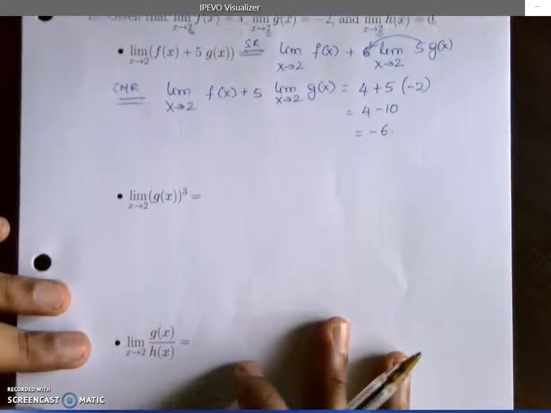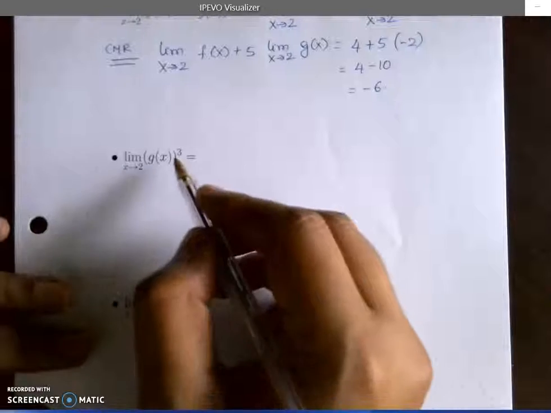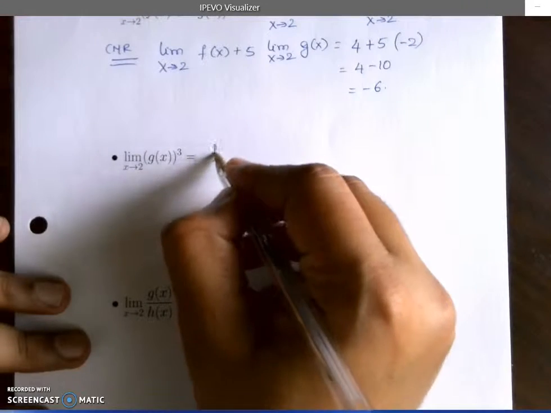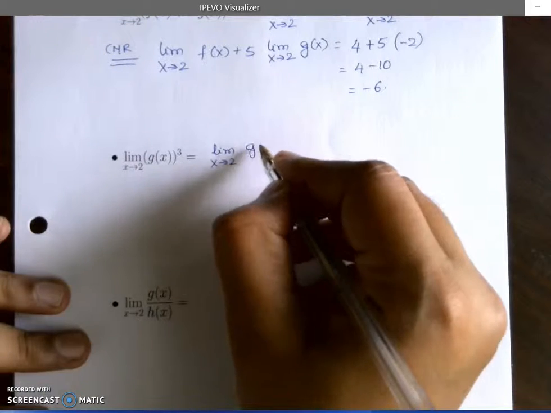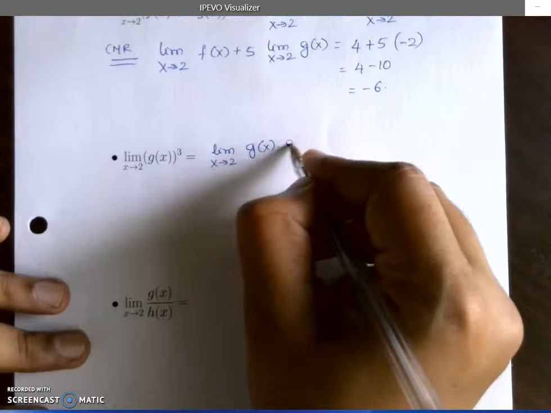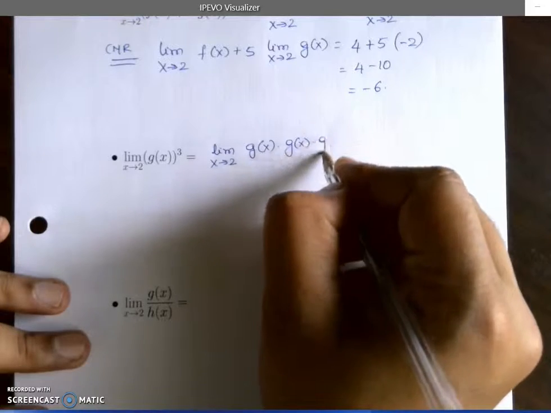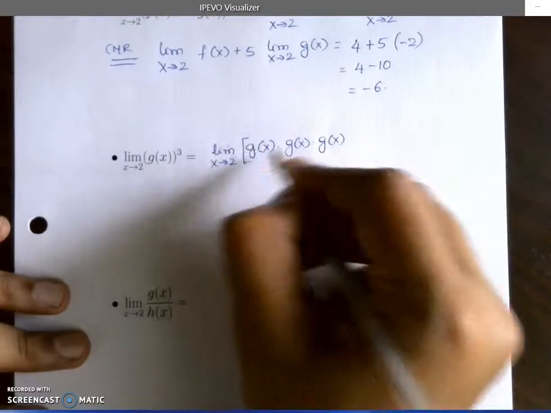Now let's evaluate the limit of the function g raised to the 3. You can use the product rule here, and write the limit of g of x times g of x times g of x as x approaches 2.